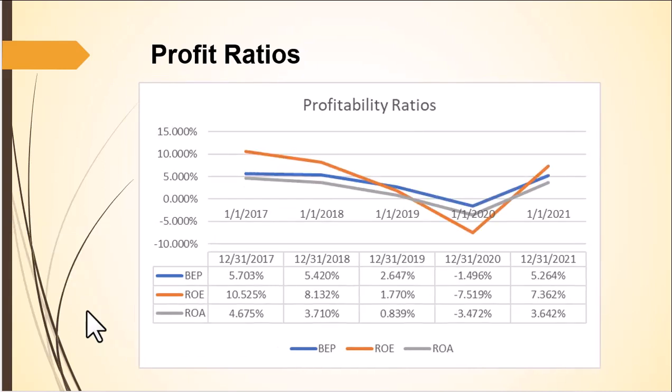So next, profitability ratios with respect to the balance sheet. Let's talk about return on equity first, because everybody kind of understands this is the rate of return that is earned on the equity investments of the company.